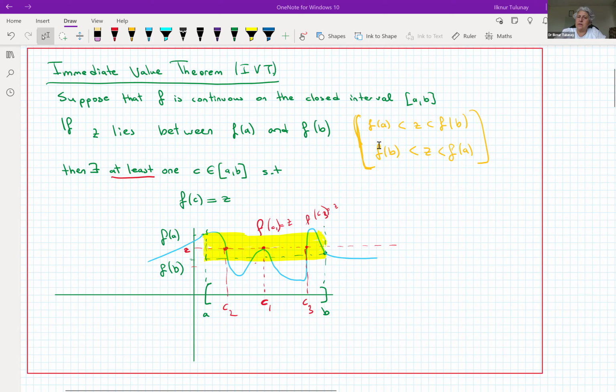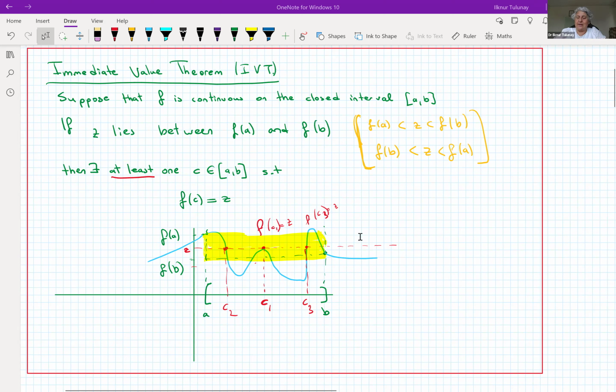These two inequalities can be said as z lies between f(a) and f(b). So this is why we are not using this one or this one. We are saying exactly that z lies between f(a) and f(b). Then there exists at least one c in the interval such that f(c) is equal to z.